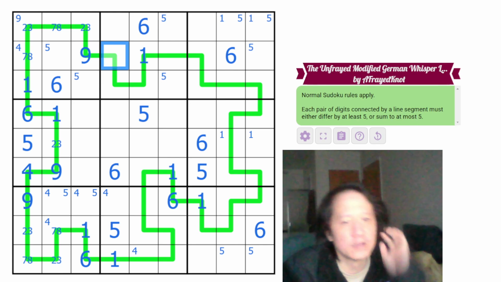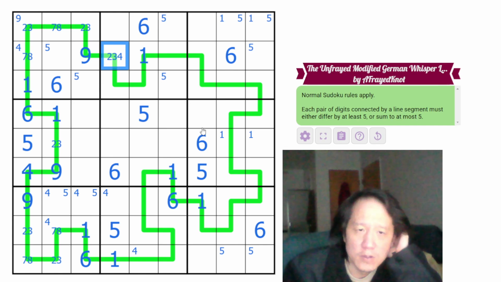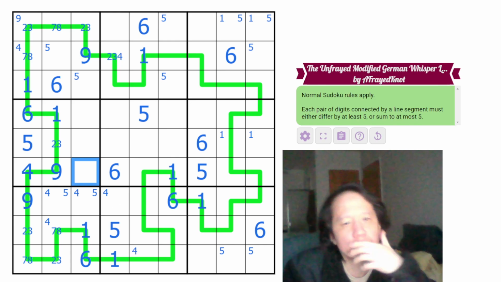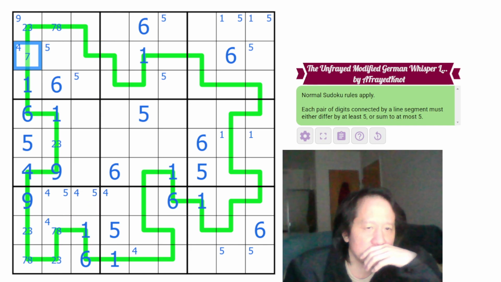This would have to be a low. So this is 2, 3, or 4. Yeah, this works okay. Either way, then this would be 4 or 5, and this would be 4 and 5. Okay, if that's the case.